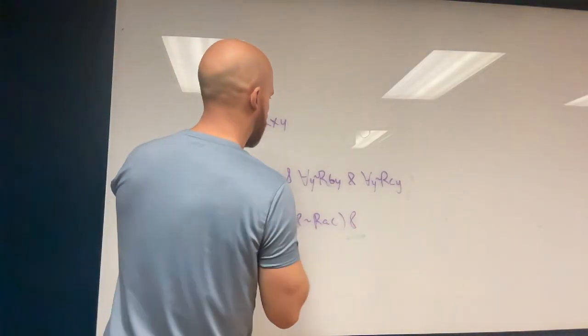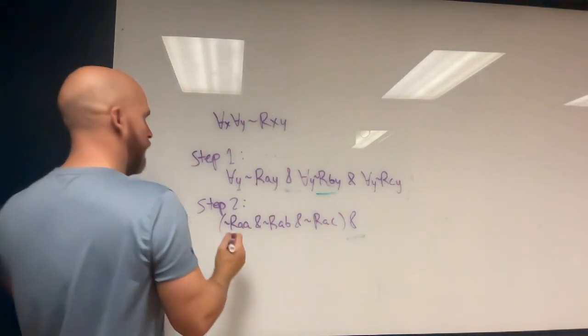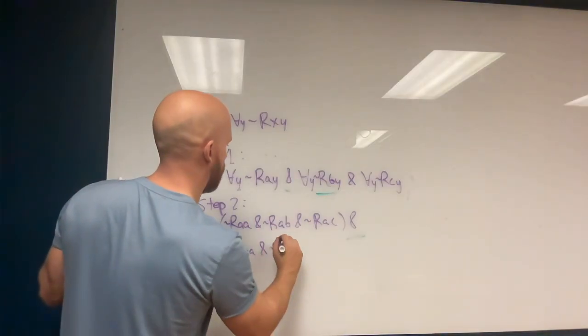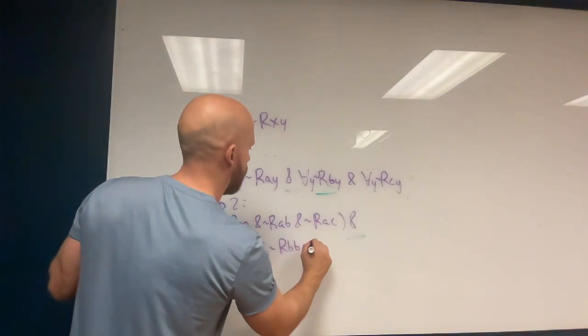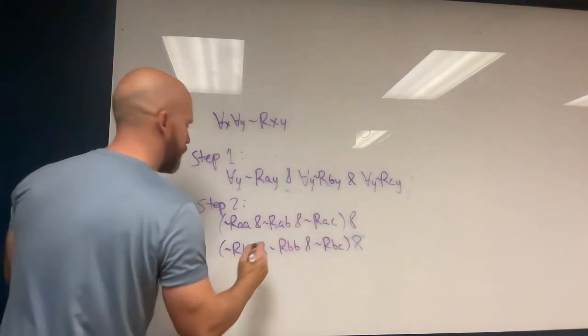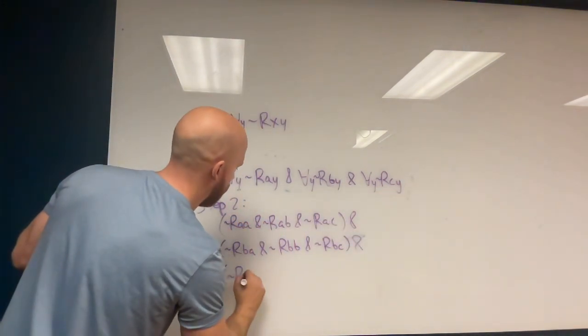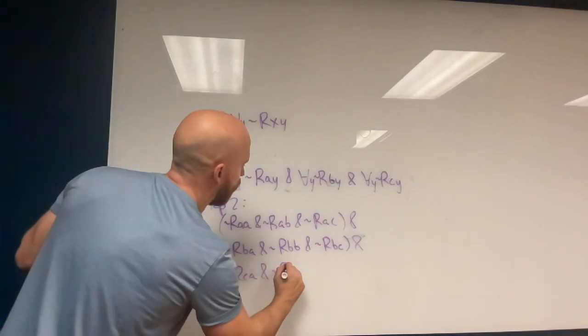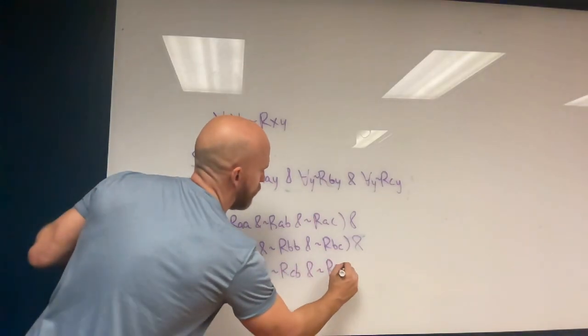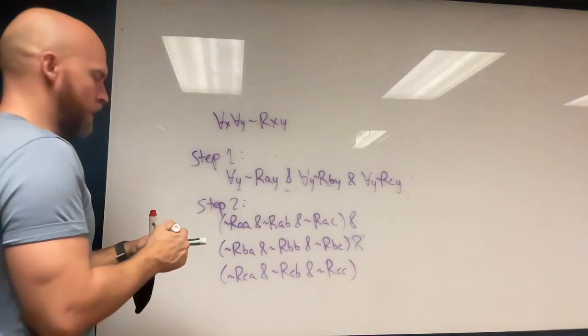Moving on to the next one, where B comes first: not RBA, and not RBB, and not RBC. And the last one: not RCA, and not RCB, and not RCC. And that is the full expansion.